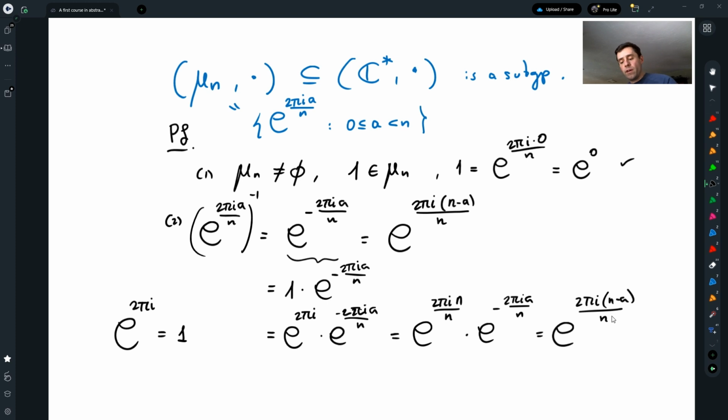So that's what the multiplicative inverse is. And this is also one of my elements in my set. So that is the inverse.